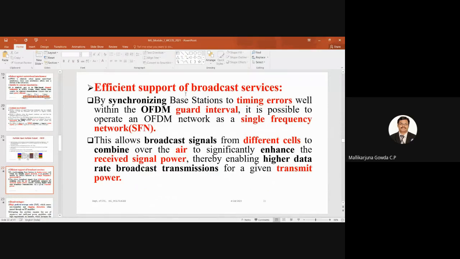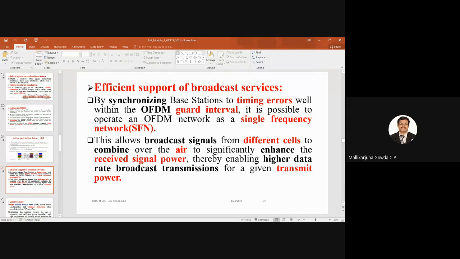So I repeat once again, the use of OFDM will be an efficient support of broadcast services. How does that happen? It has the ability to synchronize base stations to timing errors within that OFDM guard interval. So it is possible to operate an OFDM network as a single frequency network.